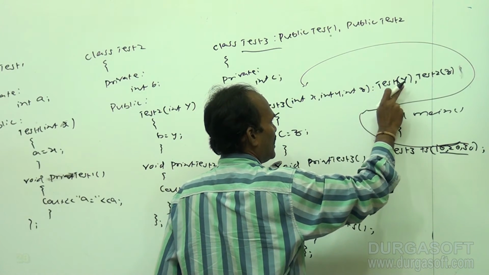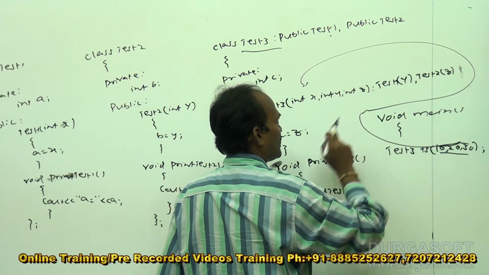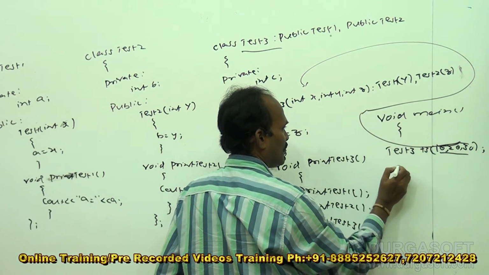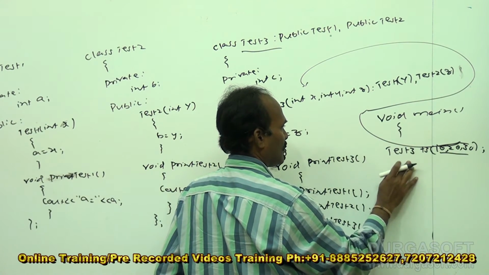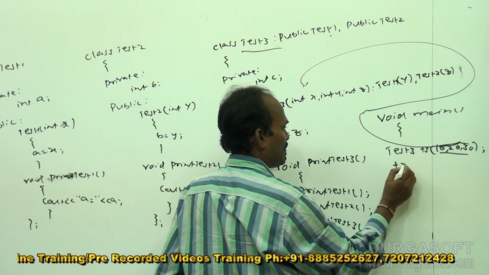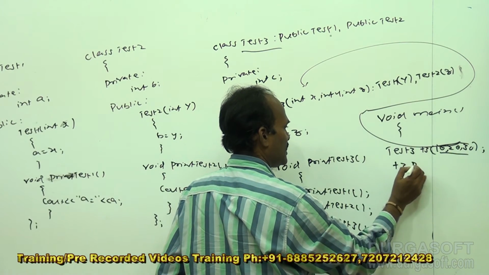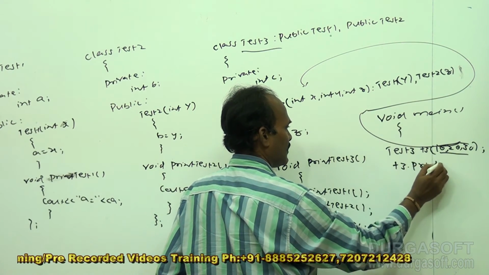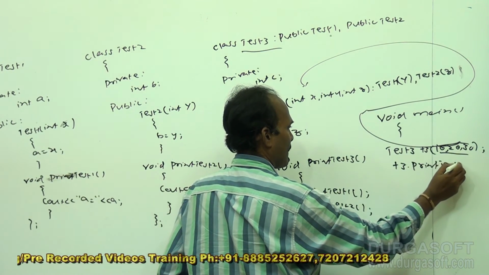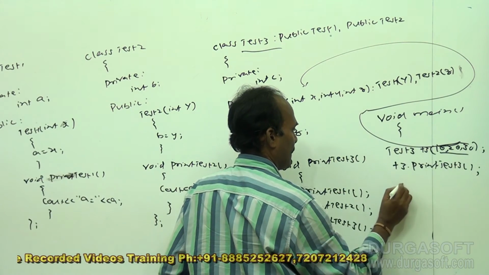Y is for test1, z is for test2. Next, t3 dot print test3, like this.